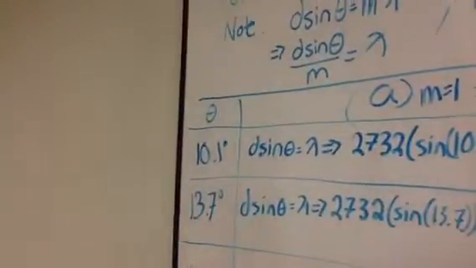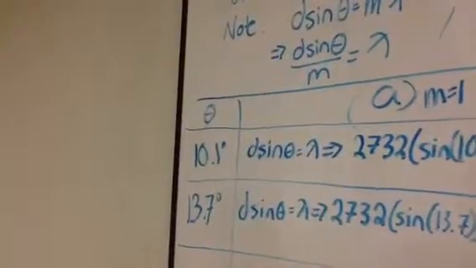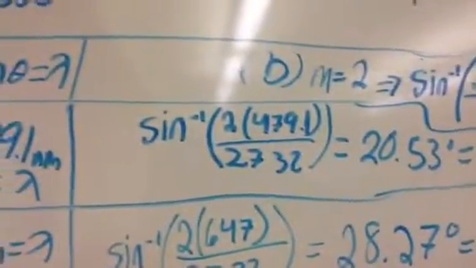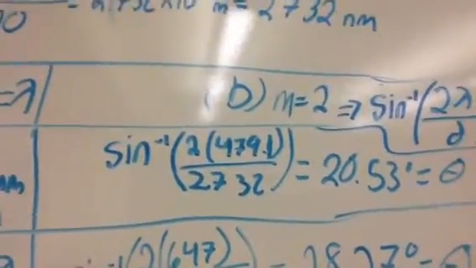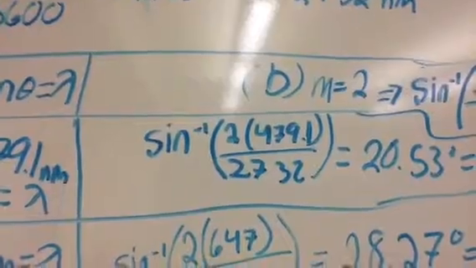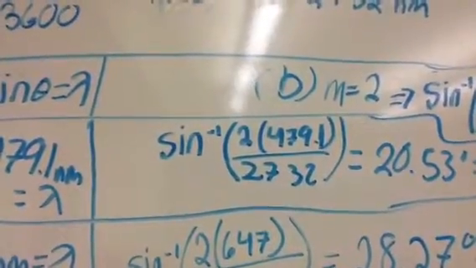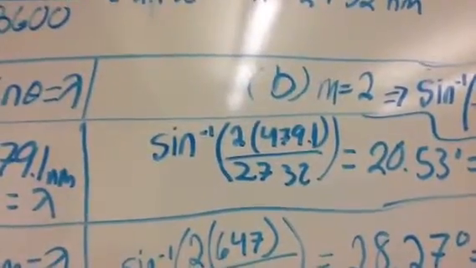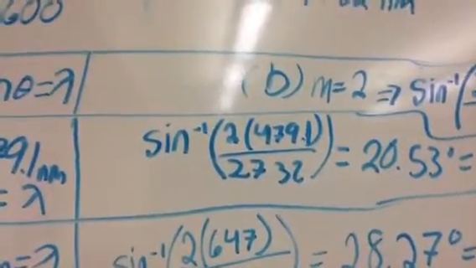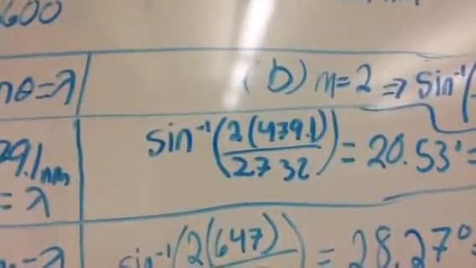So for the first one, which was originally at 10.1 degrees in the first order, we're finding it for the second order. Now, the angle, of course, is going to change, because the wavelength, or lambda, is constant during the different orders of spectrums.